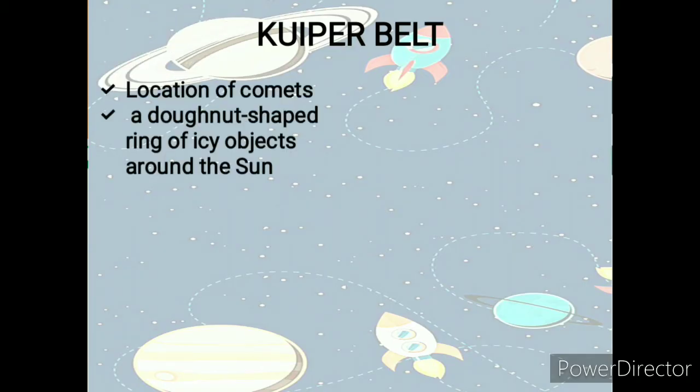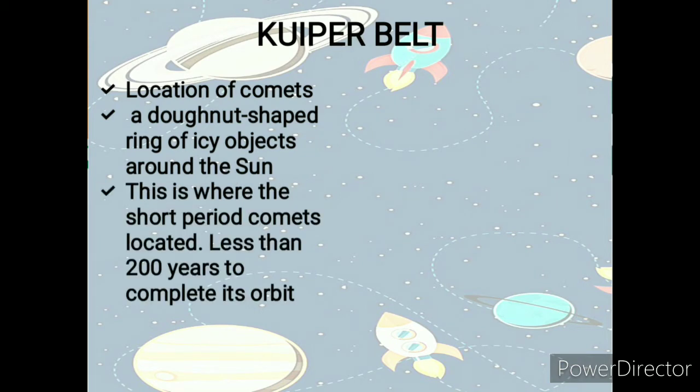Let's take a look at the location of the short period comets. It's like a donut-shaped ring of icy objects around the sun. When we say short period comets, these are the comets that are able to complete their orbit around the sun in less than 200 years.